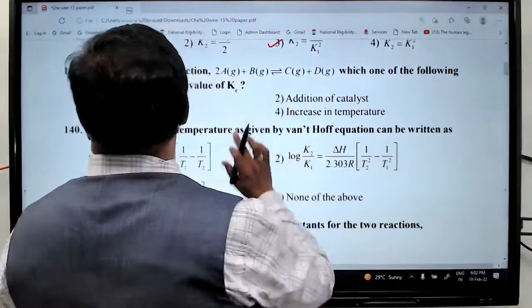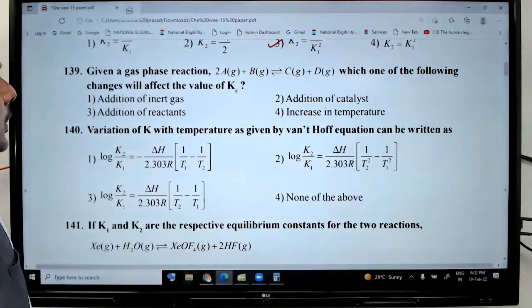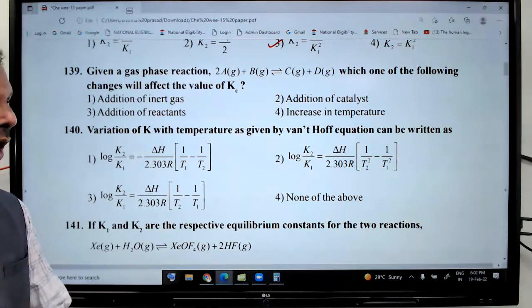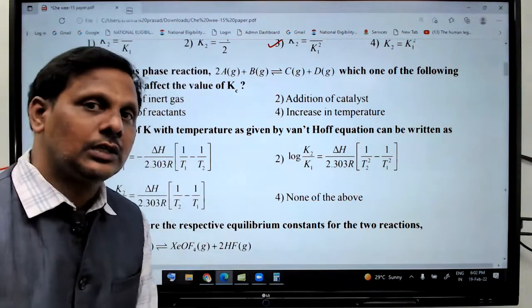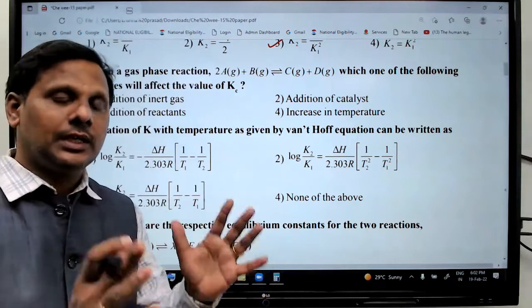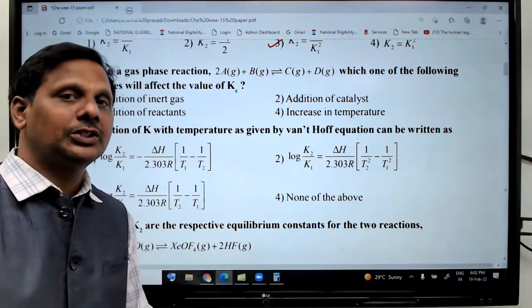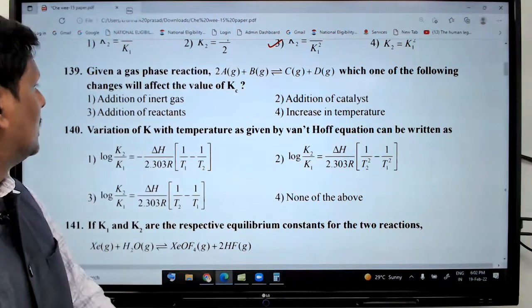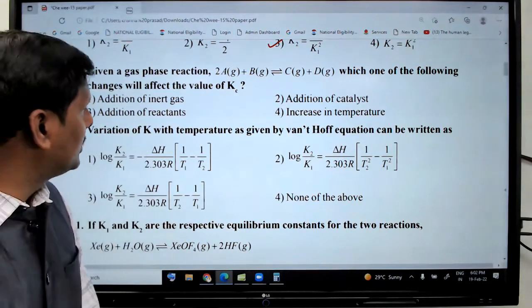Question number 139. Given a gas phase reaction, 2A plus B gives C plus D. Which one of the following changes will affect the value of Kc? Once again, the equilibrium constants Kc and Kp depend only upon temperature and the mode of the chemical equation; they are independent of catalyst, addition of inert gas, and addition of reactants.